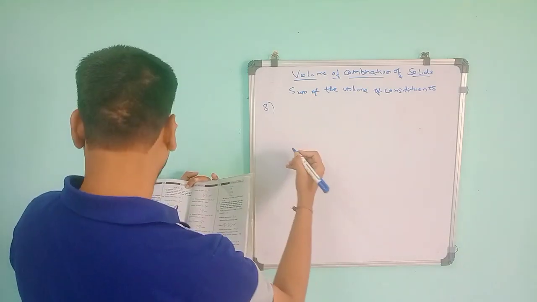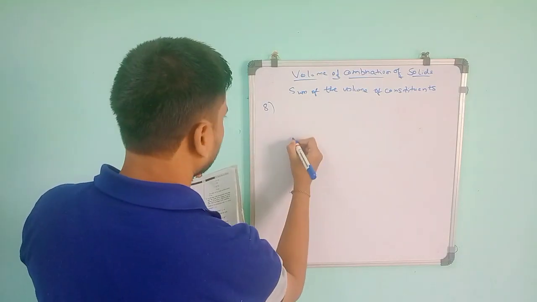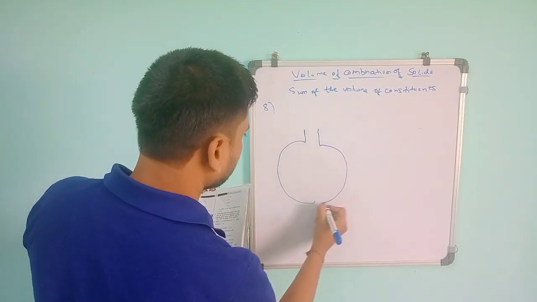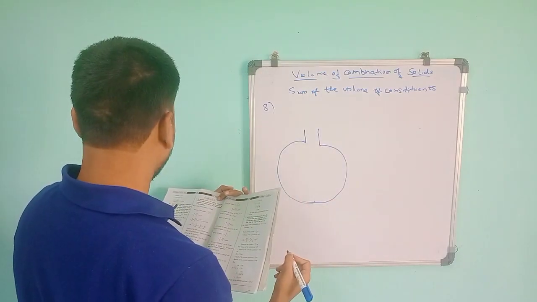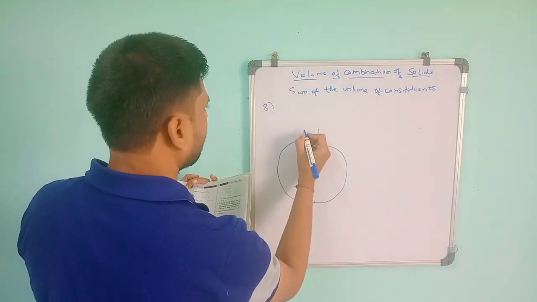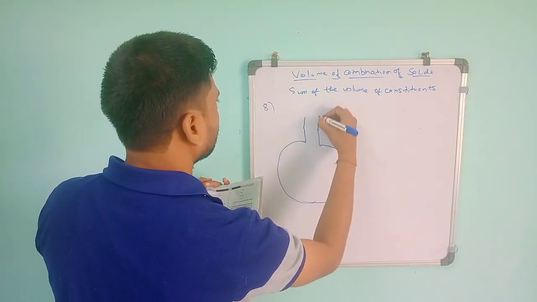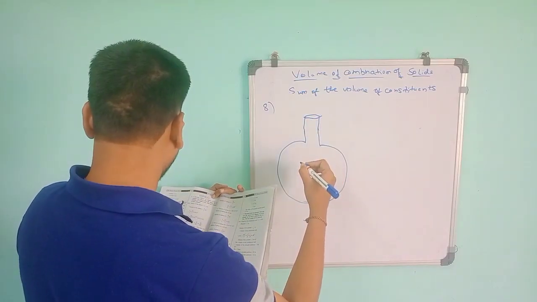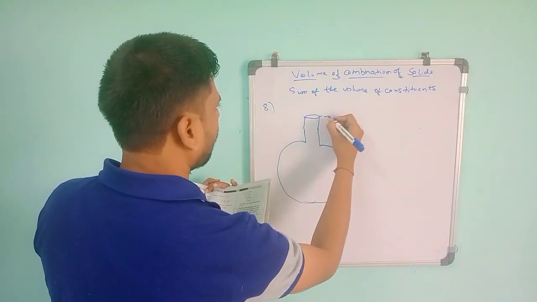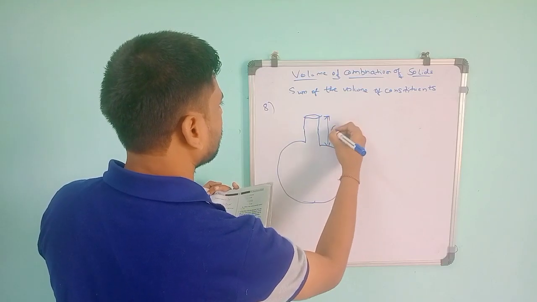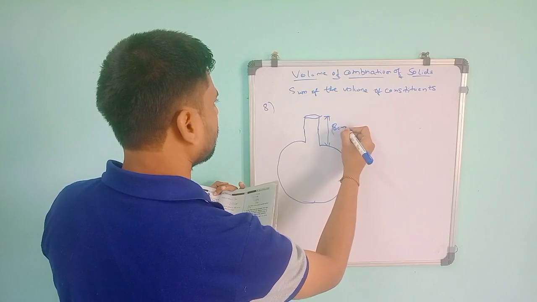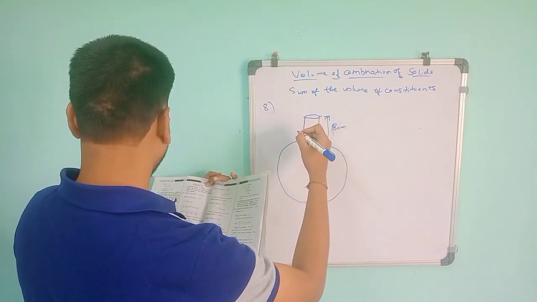So this is a spherical glass vessel with a cylindrical neck. So the cylindrical neck is here. This one is 8 cm long, so this is the height, 8 cm, and this diameter is 2 cm.